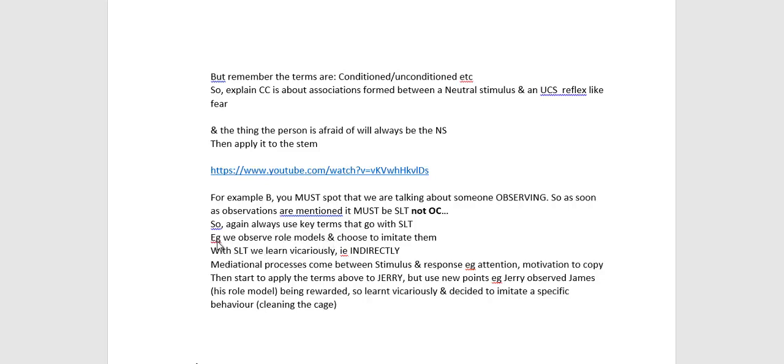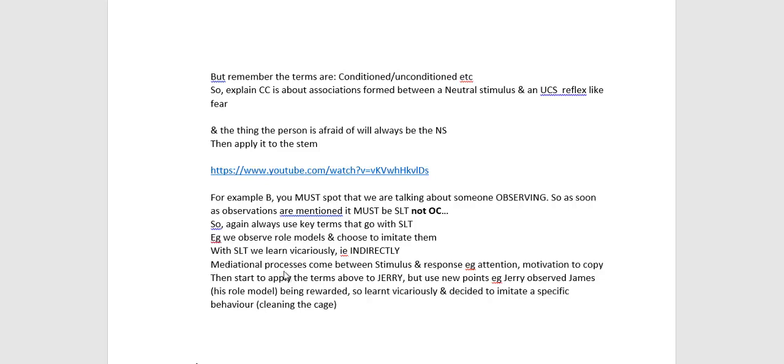So you must always put in, we observe role models and we choose to imitate them or not. But here with social learning theory, we learn vicariously, in other words, indirectly. Now, these are very different applications to operant conditioning. So if you'd given your answer as operant conditioning, it was going to be wrong. You needed to spot that this child is observing a role model and therefore choosing to copy them.